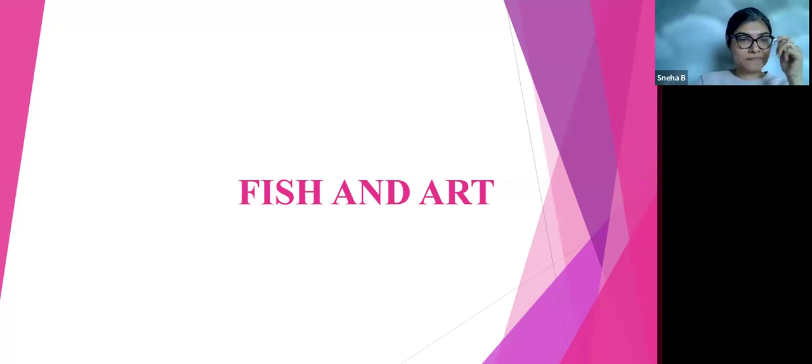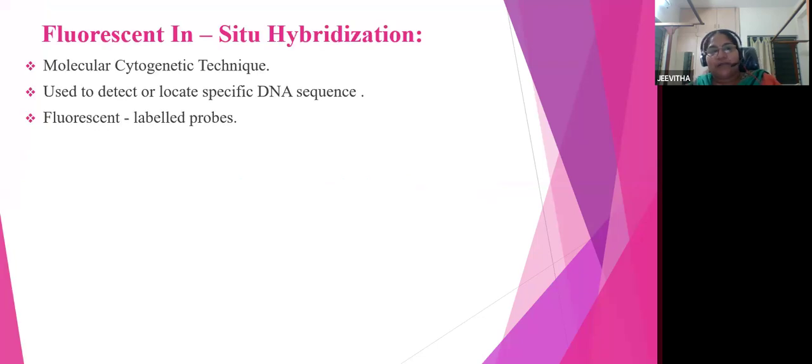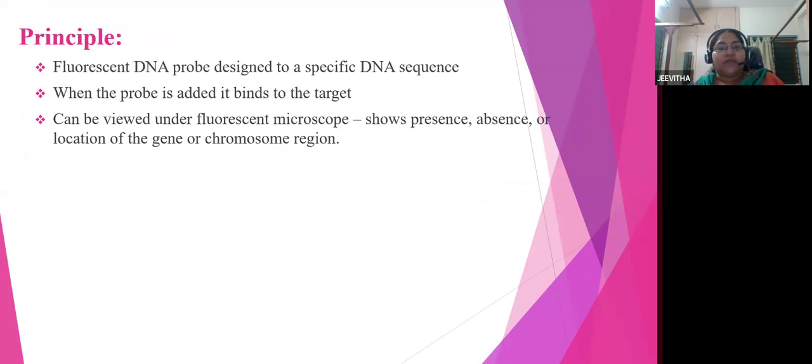Fish. It's not the fish we fry and eat, but fluorescent in situ hybridization. It's a molecular technique which is used to detect your DNA sequence using a labeled probe, which is a fluorescent labeled probe. This is the principle.